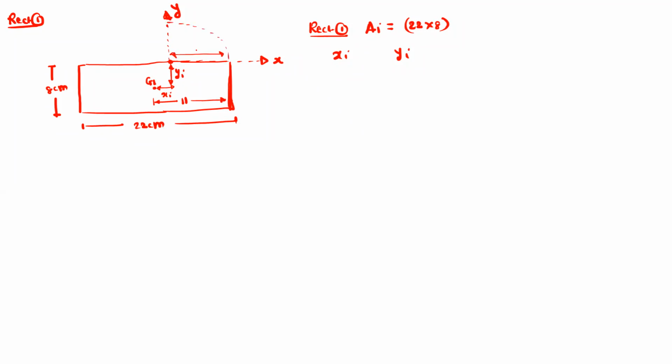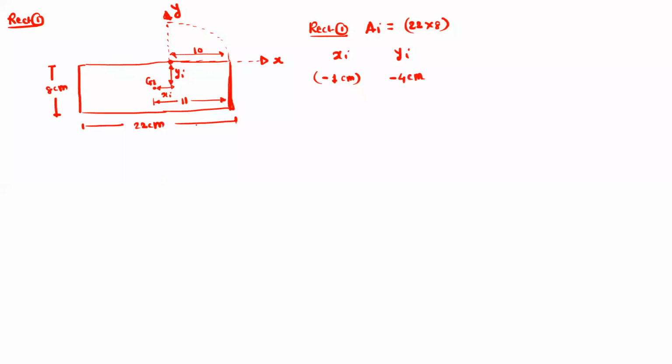This radius is 10 centimeter. So what is the Xi value? It is 11 minus 10. And it is on the negative X side, so it will be minus 1. So this is minus 1 centimeter. And Yi, that is the Y coordinate. From this point, this is the Y coordinate. 8 centimeter is the height. So Y coordinate will be at 4 centimeter on the negative Y side. So this is minus 4 centimeter.